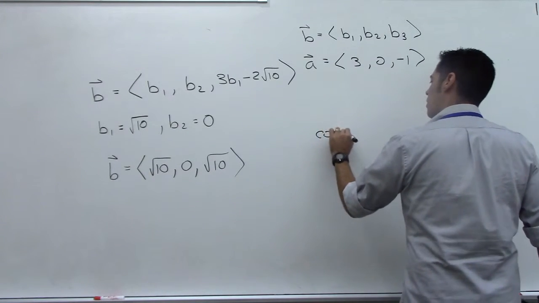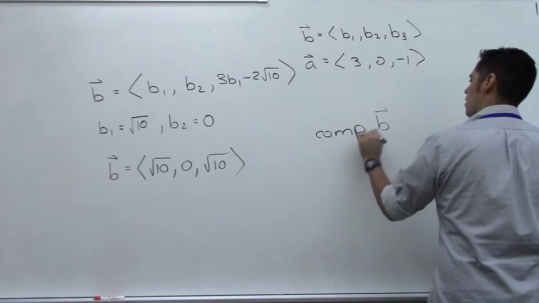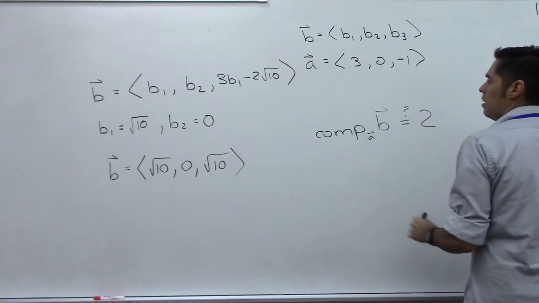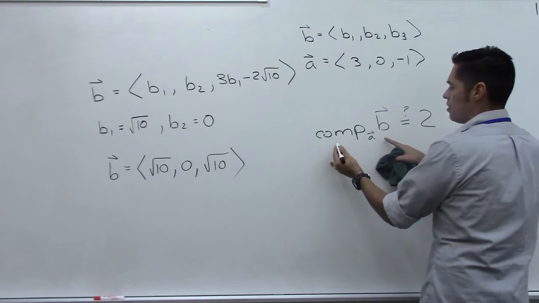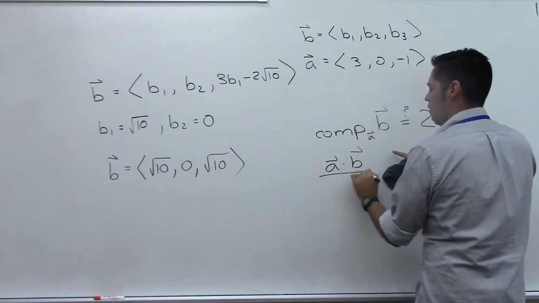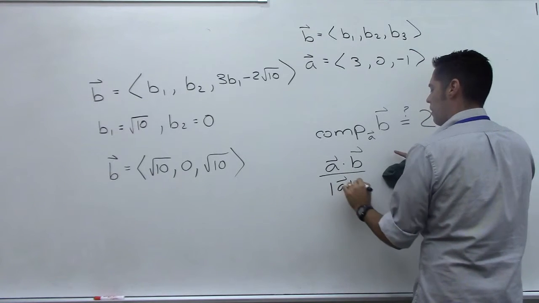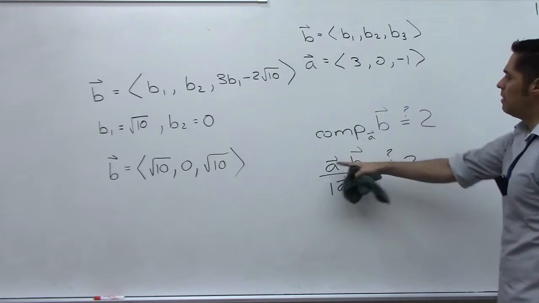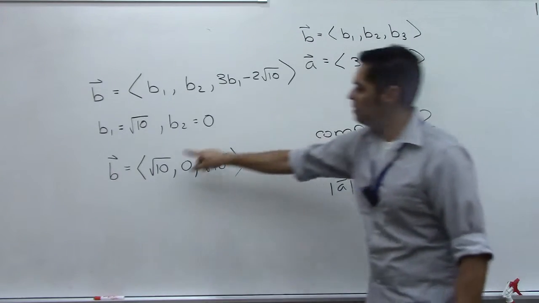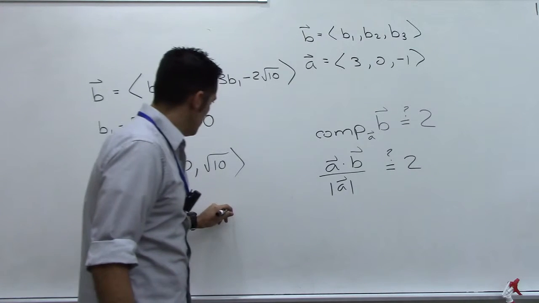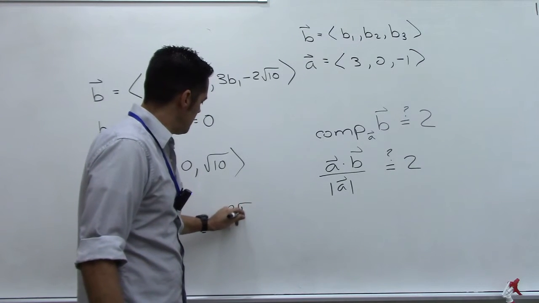What is the component of B onto A? And is it 2, right? So let's do this computation. A dot B over magnitude of A. All right, and is that equal to 2? So A dot B: we do 3 times root 10, so we get 3 root 10.